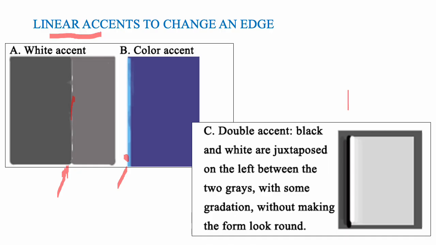And then double accents are very effective. You have a black line here, and right next to it is a white line, and then you gradate away very quickly and then stop the gradation so the rest of this looks flat, and you don't really notice the accent. And see how much more pronounced this edge is compared to all the other edges.